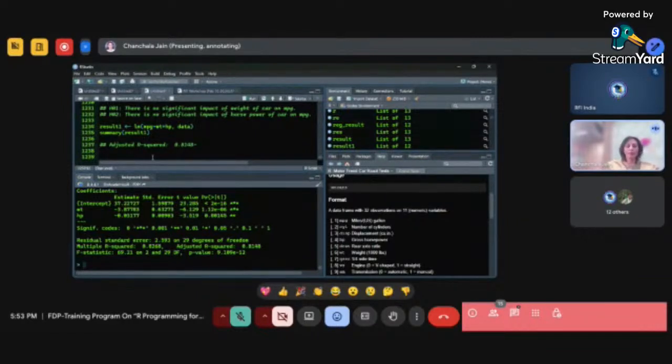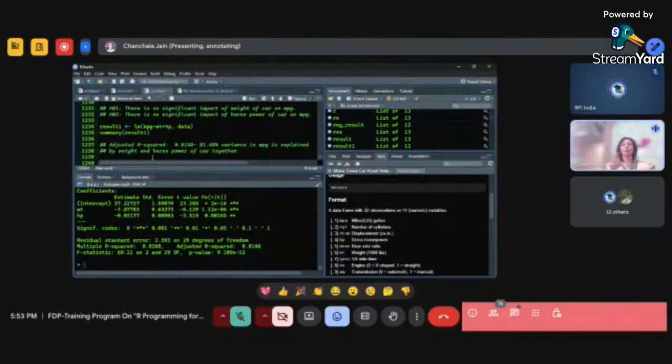That means it will say 81.48% variance in MPG is explained by weight and horsepower of car together.